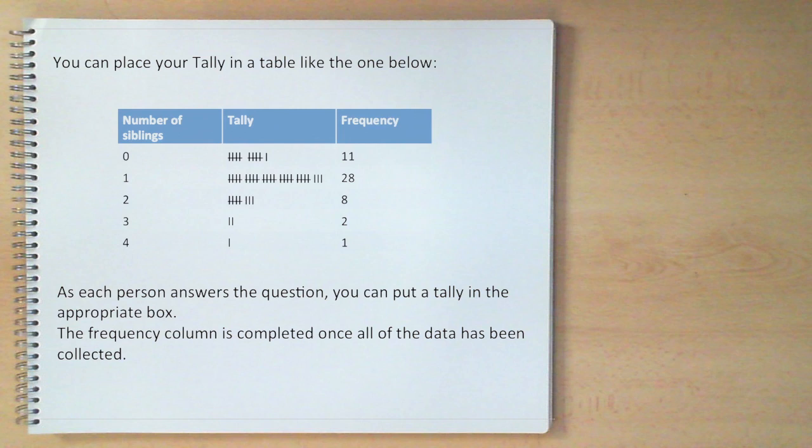As each person answers the questions, you can put a tally into the appropriate box. So if you set yourself out ready with a tally chart, you'll find your data collection is a lot more efficient, and also your analysis of the data afterwards can be done in a lot quicker fashion.